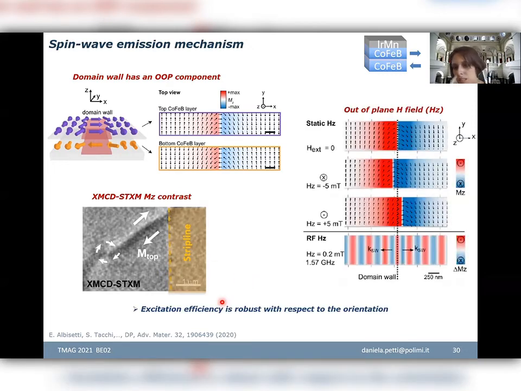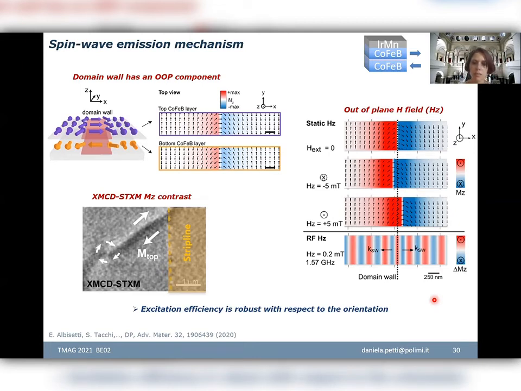In particular, here on the right, you will see that the out-of-plane component of the Oersted field generated with the strip line is coupled with the out-of-plane component of the magnetization inside the wall and is able to excite the wall, which in turn gives rise to propagating spin waves that are emitted from the domain wall.